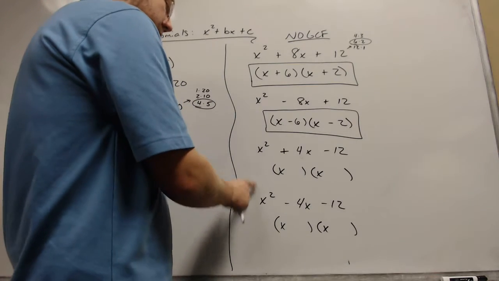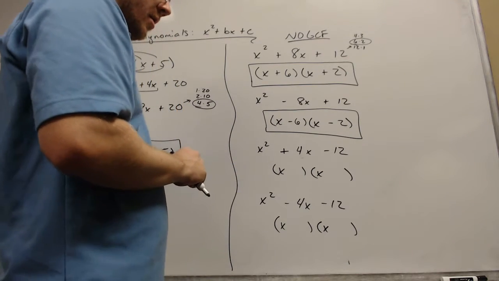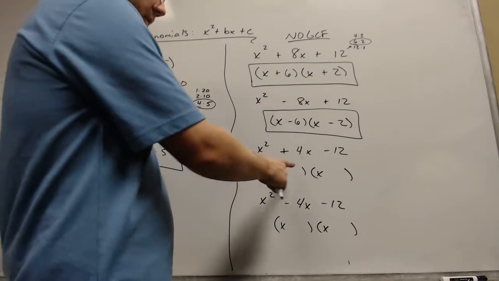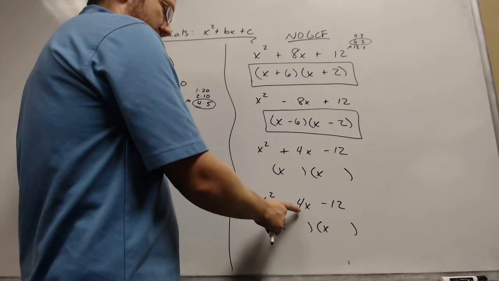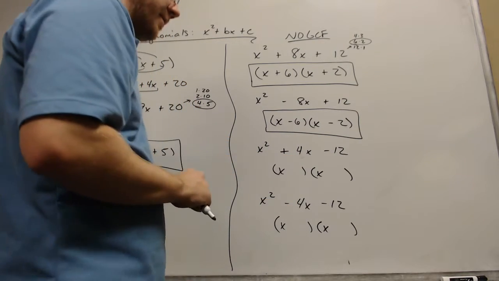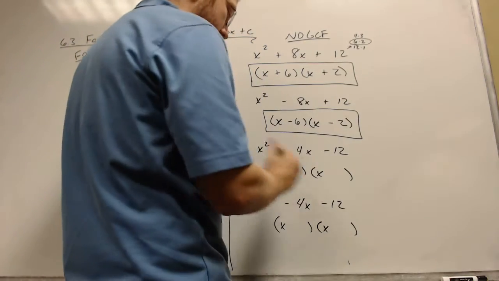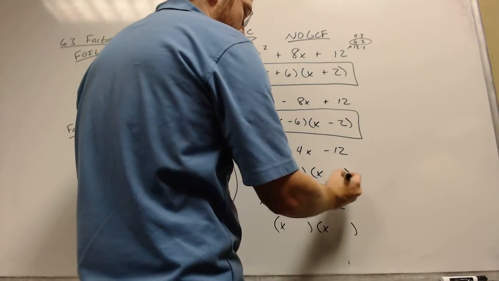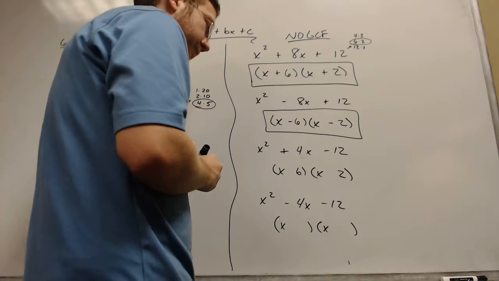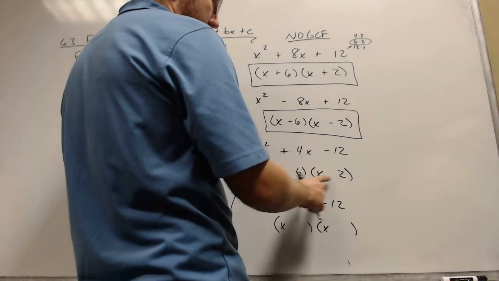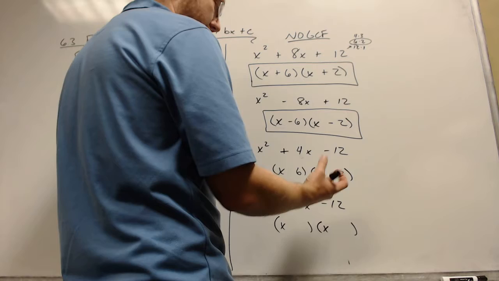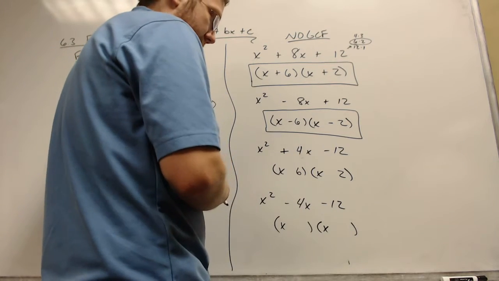And these last two, now I want middle terms of positive 4x or negative 4x. The same pair we're going to use is the pair 6 and 2. And we want to put the correct signs to make these two numbers group together to get positive 4.